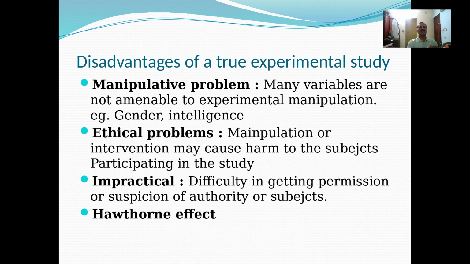You are male for some time, and we cannot make the same subject into the female gender. Intelligence, we cannot change that independent variable. So this we call a manipulative problem. In that situation, we cannot do an experimental study because we cannot alter or change the independent variable.